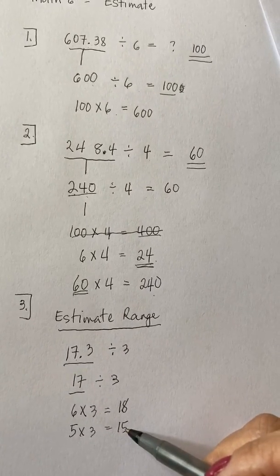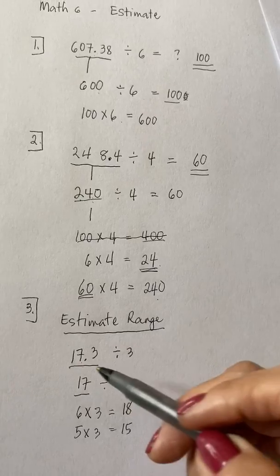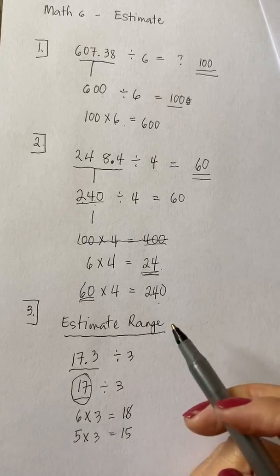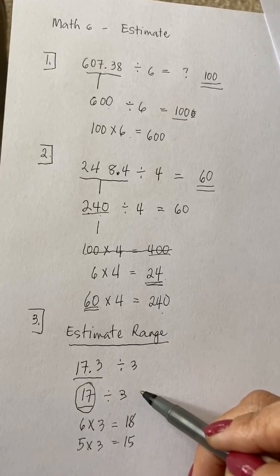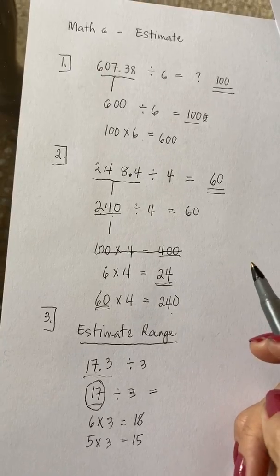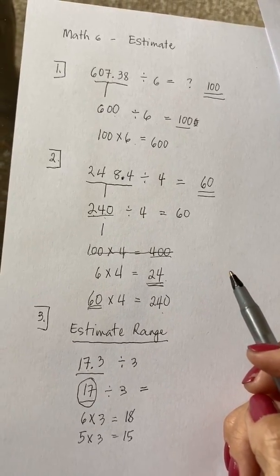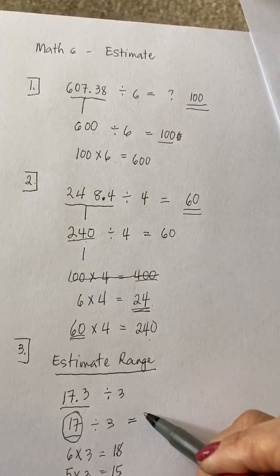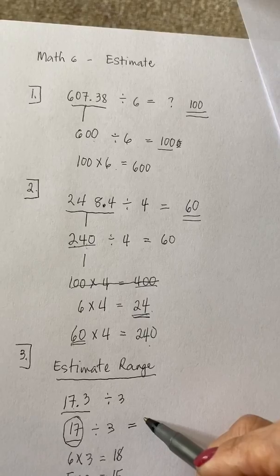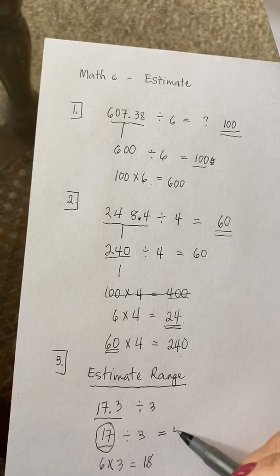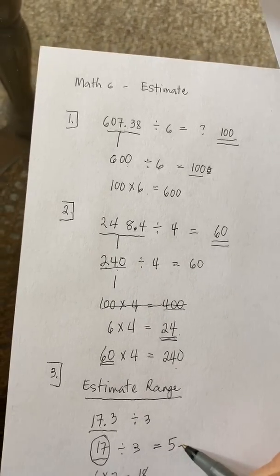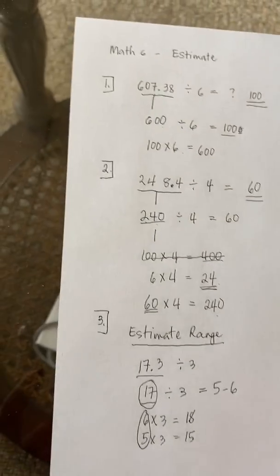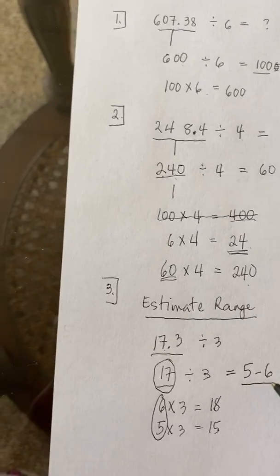So 15 and 18 are numbers that are closer to 17. So our estimate range for 17 and 3/10 divided by 3 will be 5 to 6. So that is our estimate range.